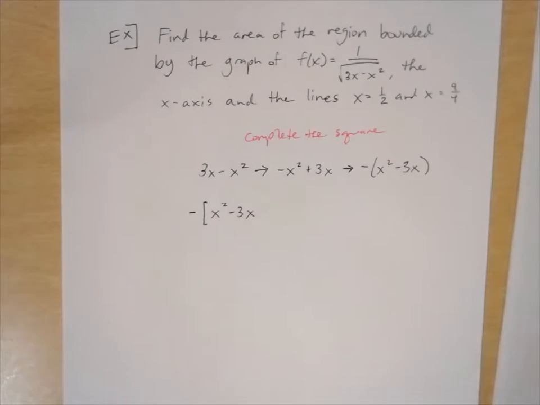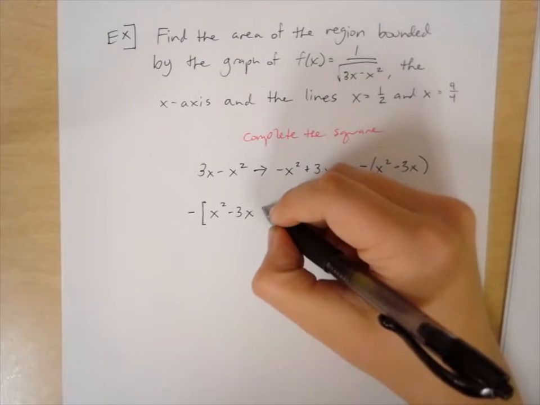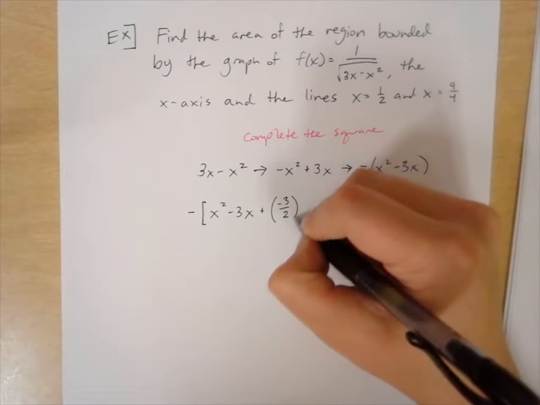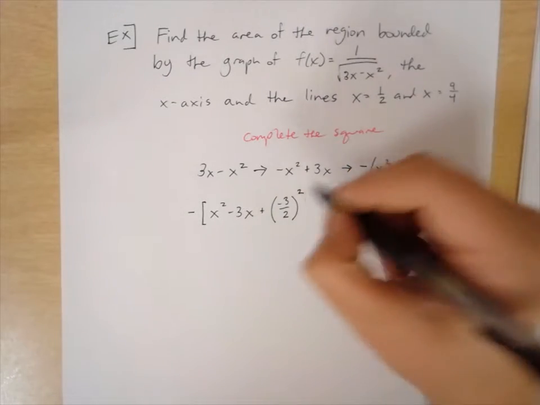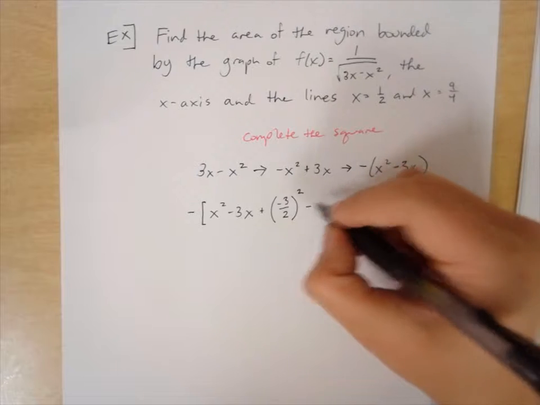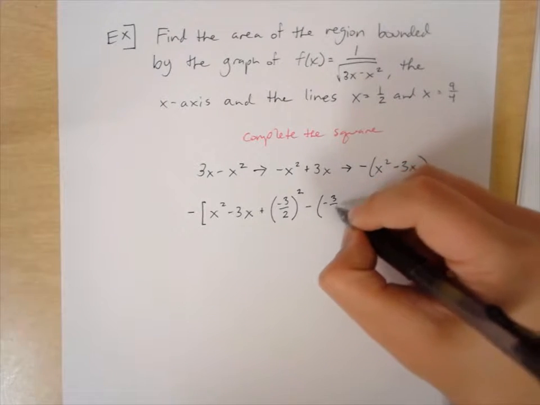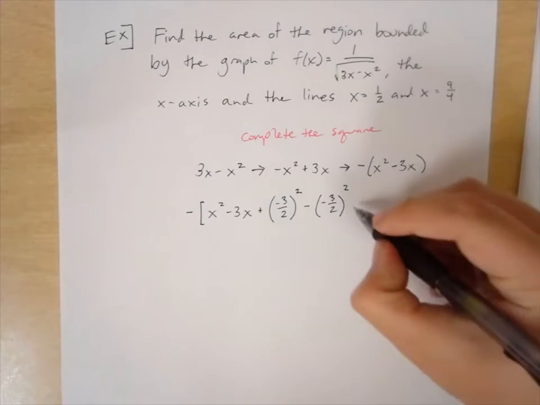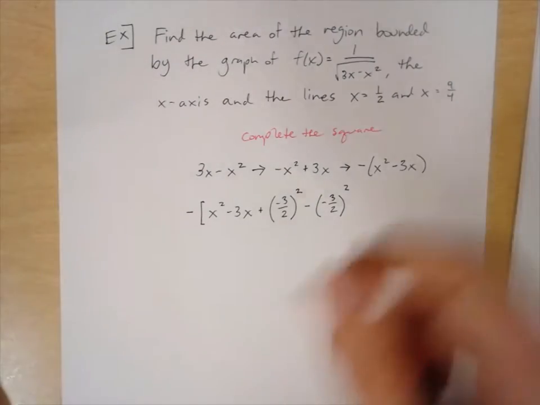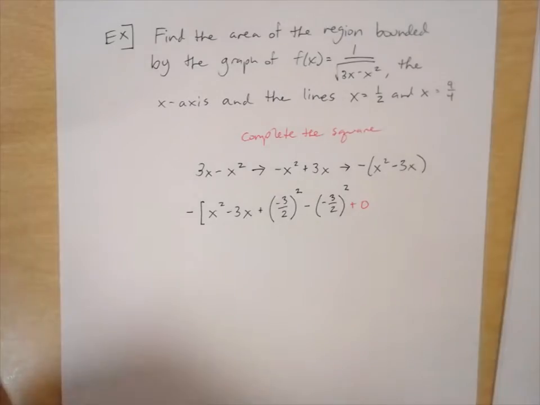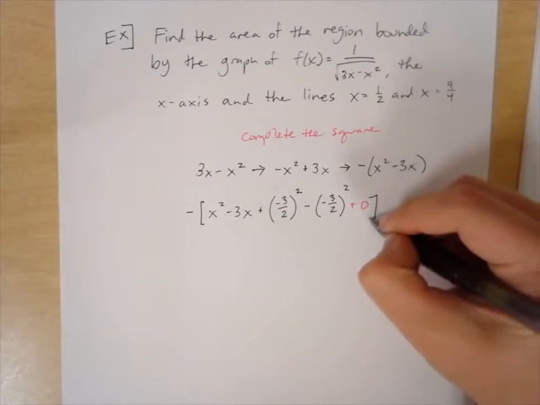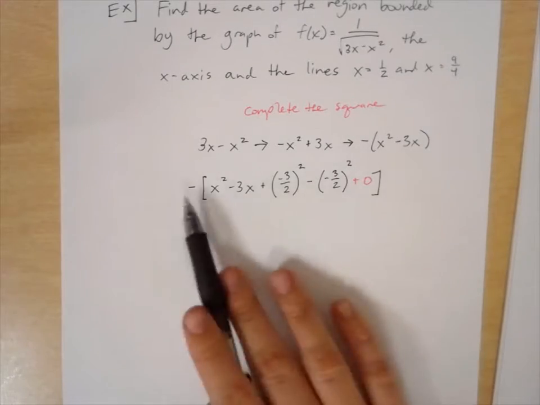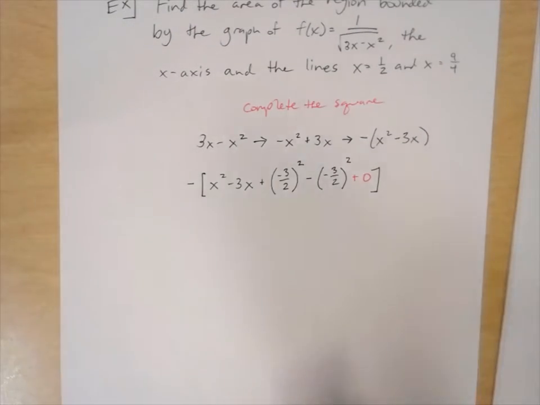So I'm going to have plus negative 3 over 2 squared minus negative 3 over 2 squared. And then I can have a plus 0 here if you want to visualize what the constant would be, though you can see why that's redundant. I am going to get rid of that. But that's what this whole thing is, as the quadratic.